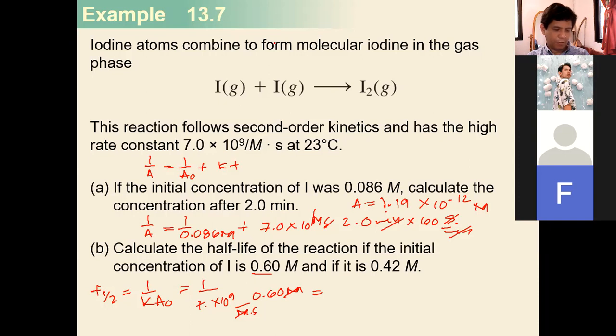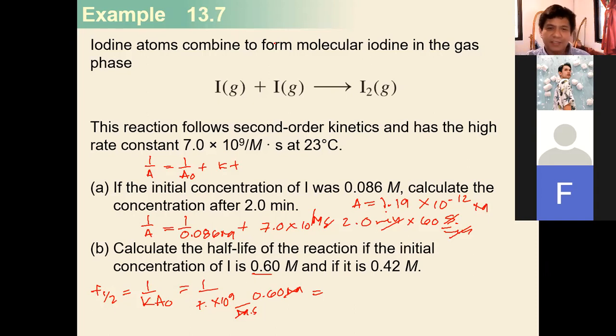Mas maganda yung unahin niyo yung 0.6 times 7 exponent 9. 2.38 times 10 to the negative 10. Ano? 2.38 times 10 to the negative 10.